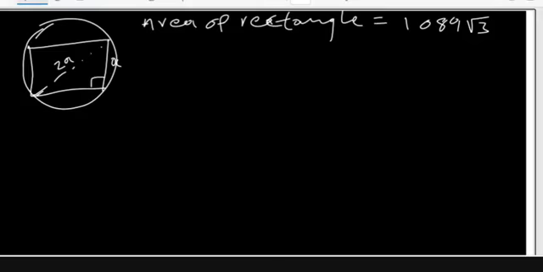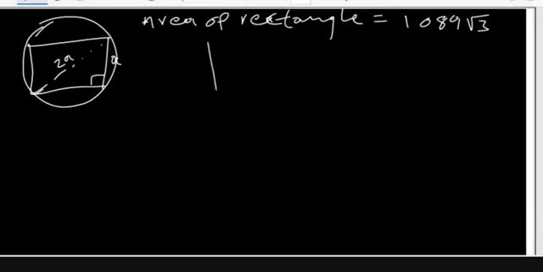When we bring out a right angle triangle, remember there is a relationship between hypotenuse, opposite, and adjacent. If I am told that the hypotenuse is 2 and one side is 1, definitely the other is going to be root 3.